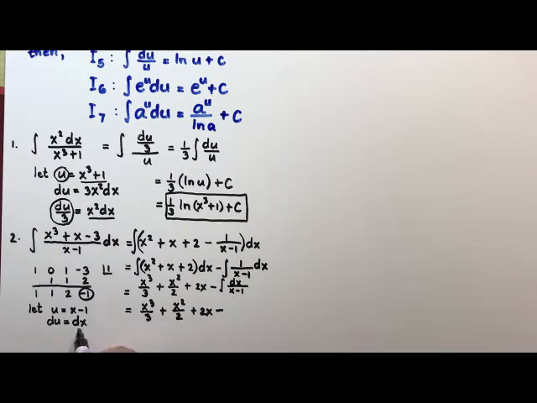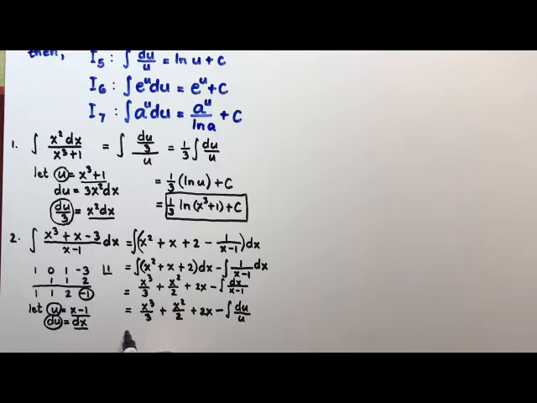And you notice that the value of the dx is my du, and the value x minus 1 is my u. So I can substitute this expression here, that instead of writing dx, I can write equivalent expression du here. And then instead of writing x minus 1, I can write its equivalent expression, which is u there.